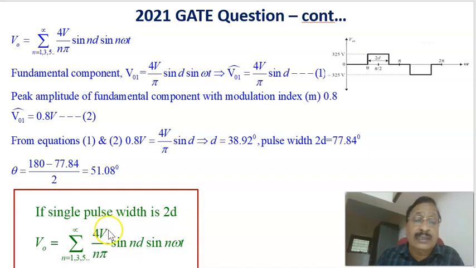If this width is equal to 2D, then it is equal to the sum over n = 1, 3, 5 to infinity of 4V by n pi sin nD sin n omega t. You can remember this equation. Then there is no need of deriving like this. Just remember the relation of the output voltage in terms of different frequency components. Therefore, the answer is theta equal to 51.08 degrees.